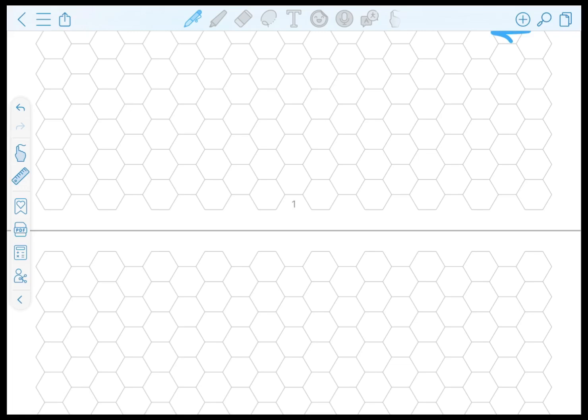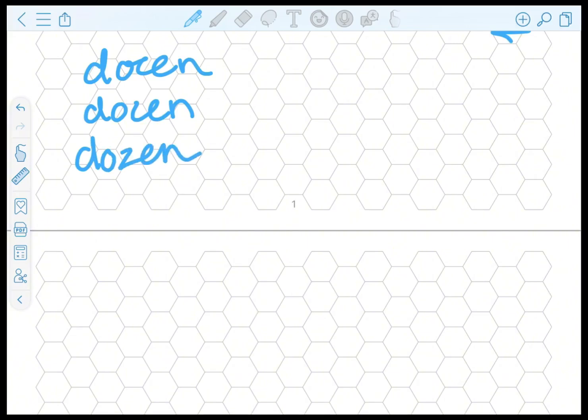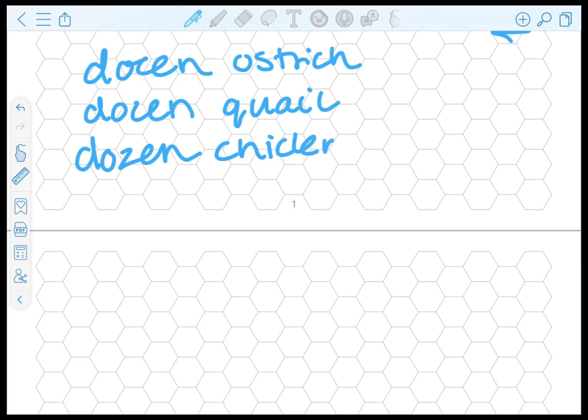Let's go back to our dozen egg example. If we got a dozen eggs, each dozen will not weigh the same because every egg is different in mass. Let's say we have a dozen ostrich eggs, a dozen quail eggs, a dozen chicken eggs.